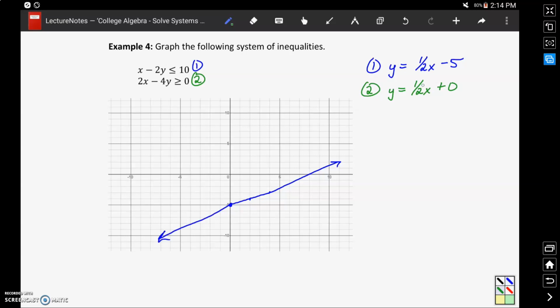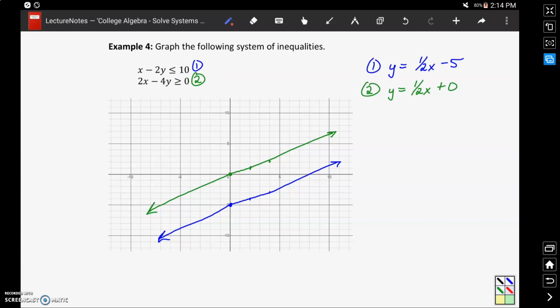For equation 2, we have an intercept at 0 and then a slope of 1/2. And then if I was a little bit better at drawing, we would see two parallel lines, or lines that are on a trajectory to never intersect with one another.